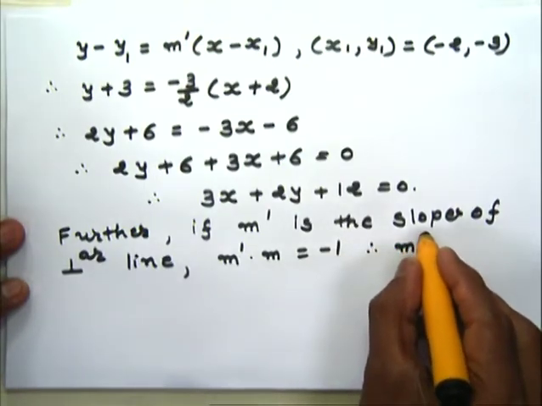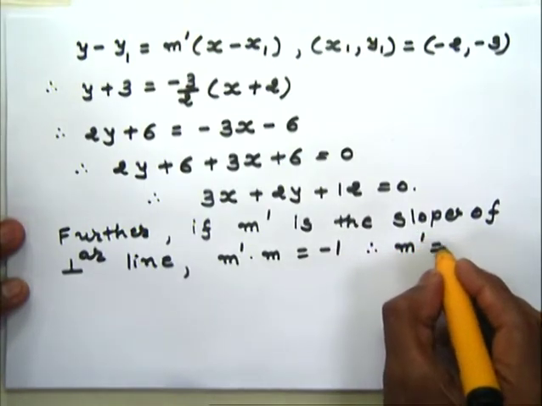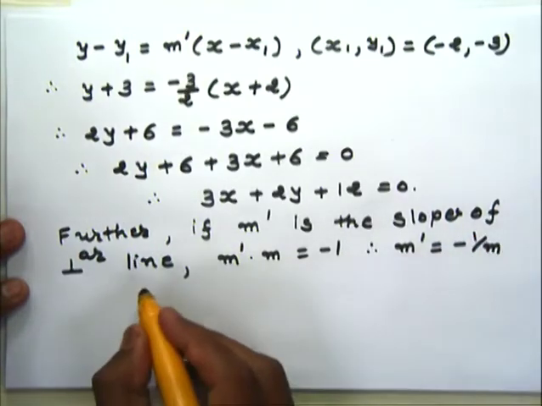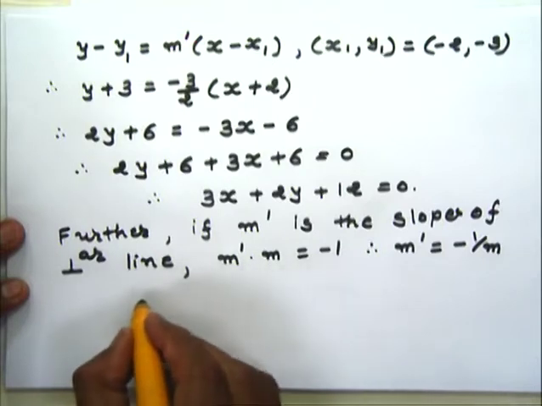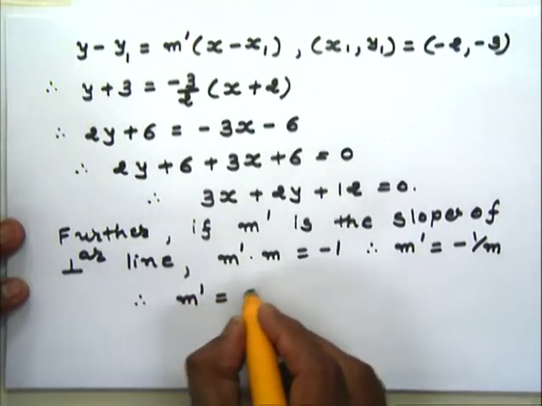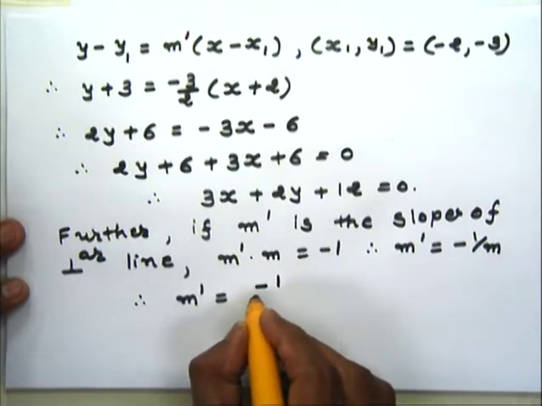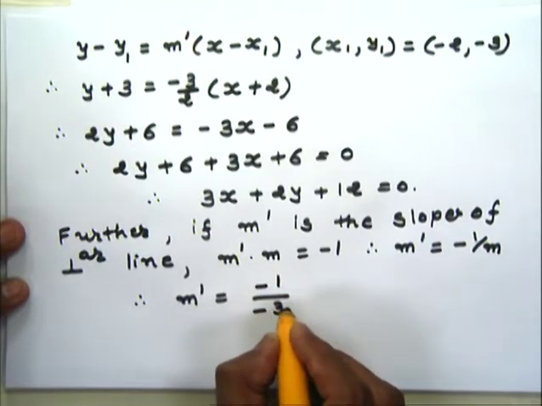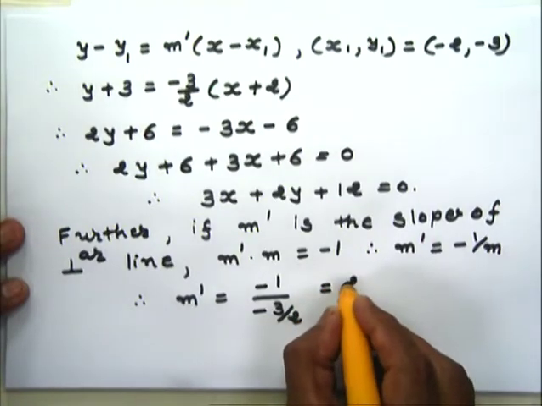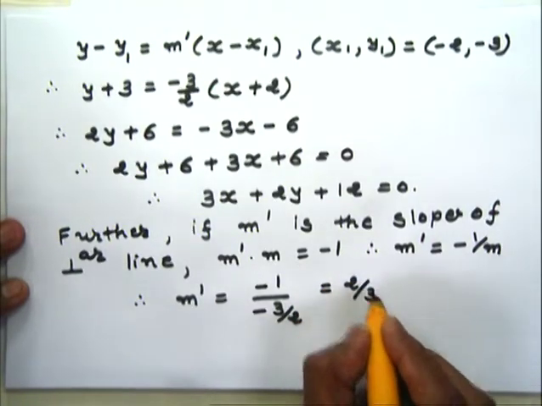That is, m dash is equal to minus 1 upon m, or minus 1 upon minus 3 by 2, which leads to 2 by 3.